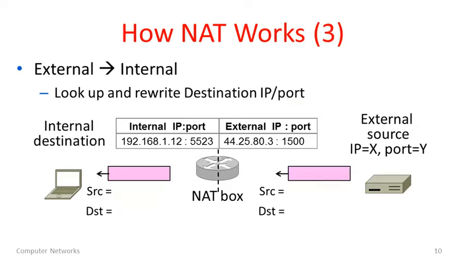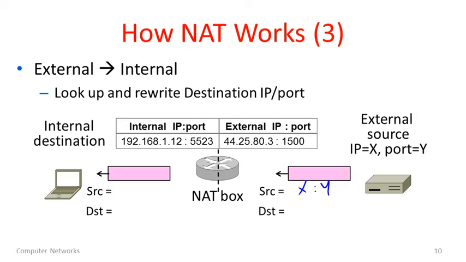Moving on, now it's sending the reply. So our packet is coming from the external side to the internal side. Let's look at that packet. On the external side, what do we have? Well, the source here, since it comes from this web server or whatever the external source is, it's going to have IP address X and port Y. The destination, where's it going to go to?